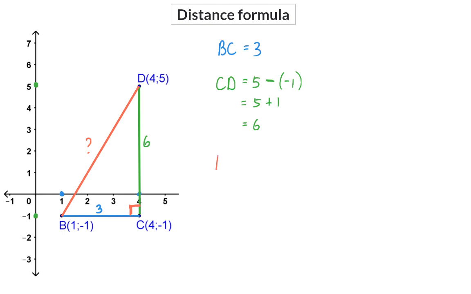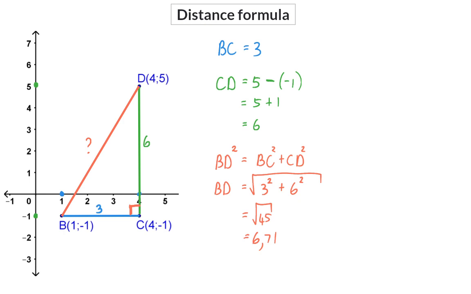So we can start off by taking BD squared and putting this equal to the sum of the squares of the two shorter sides. So BD will then be equal to the square root of 3 squared plus 6 squared. This is then the square root of 45, which will give us a length or distance of 6,71.